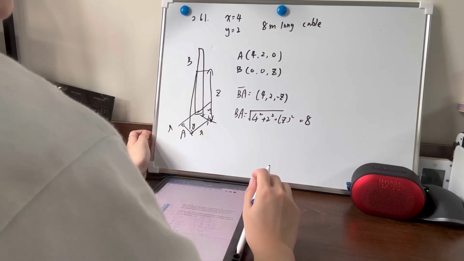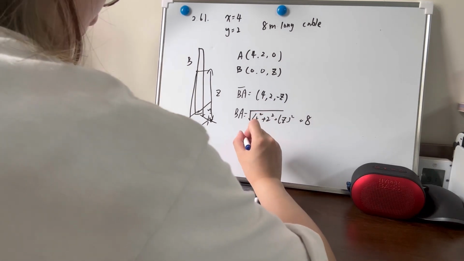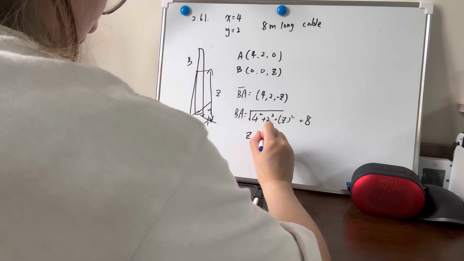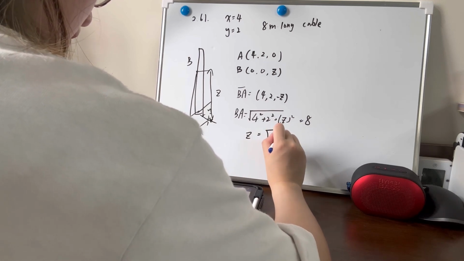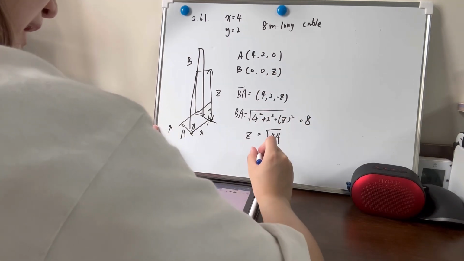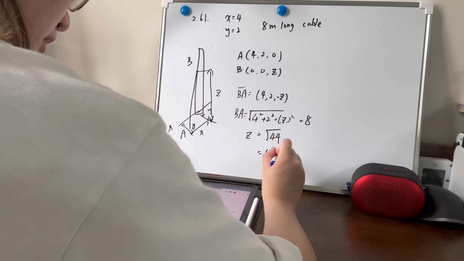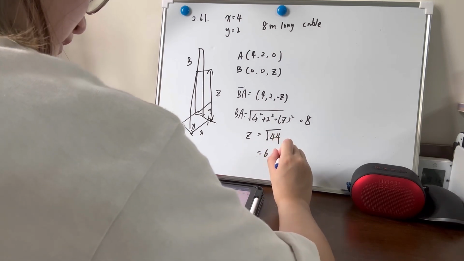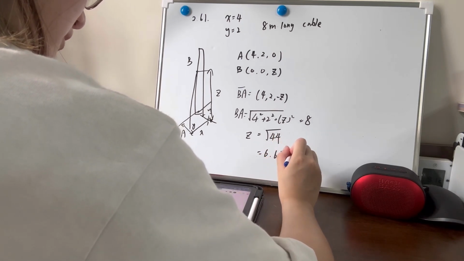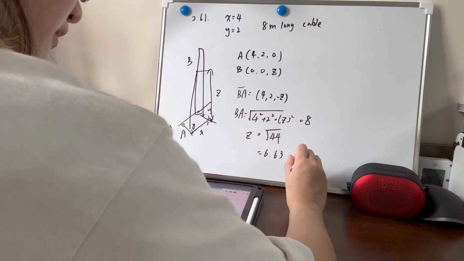So now we can calculate the Z, and the Z would be like this, and it also equals 6.63 meter.